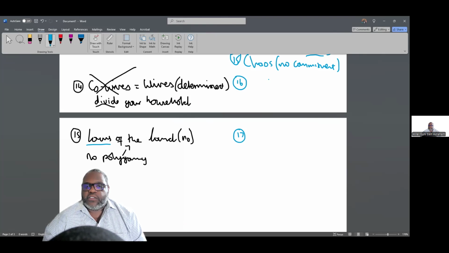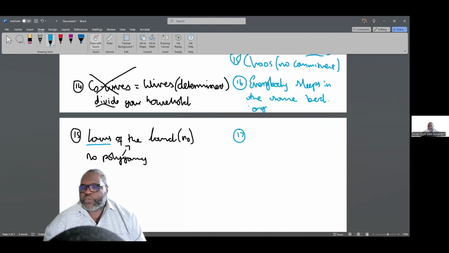All right. So the wives have a determined household, whereas in polyamory, everybody sleeps in the same bed, which is basically an orgy.